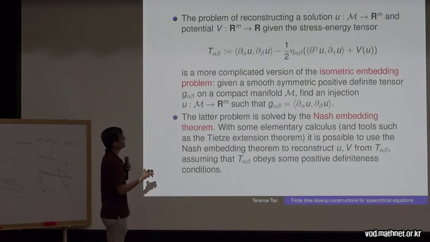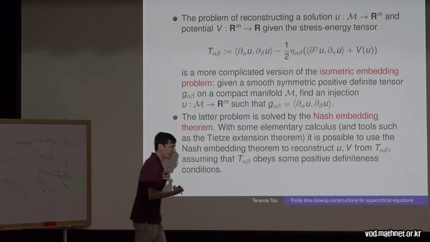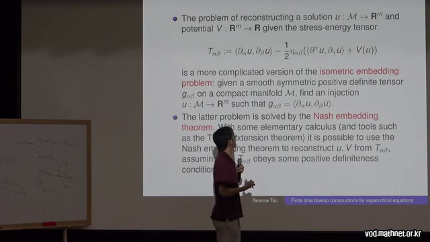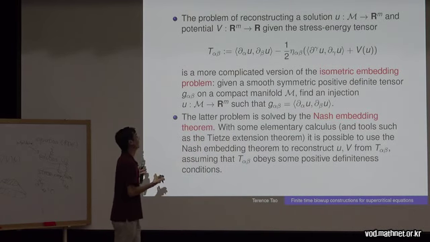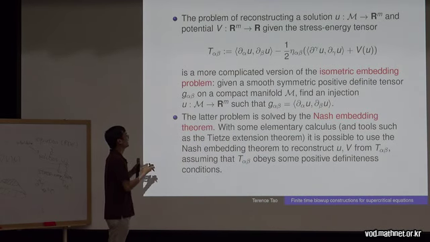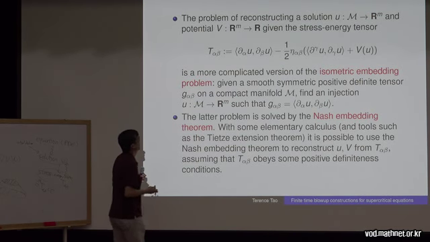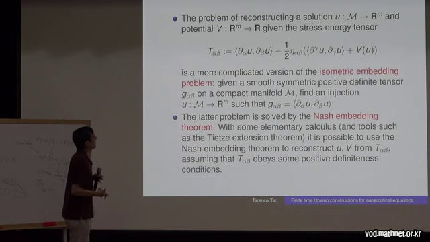This equation was famously solved by John Nash in the 50s. He proved the Nash embedding theorem: given any smooth compact manifold of a certain dimension, if you make the dimension m big enough, you can always embed it into R^m isometrically. But the dimension has to be pretty big, and this is why I need 4D.